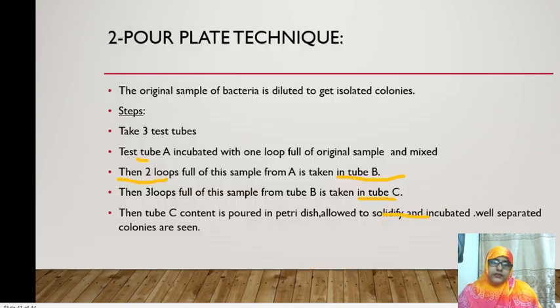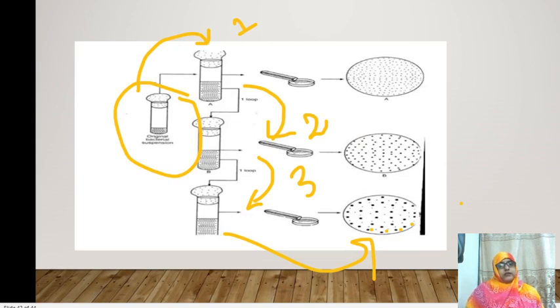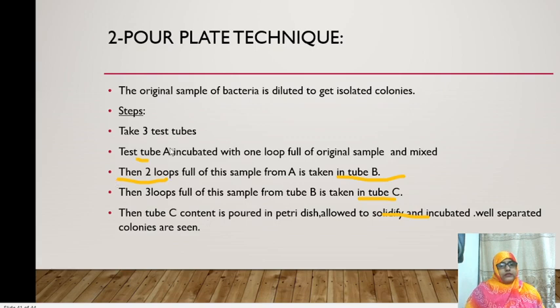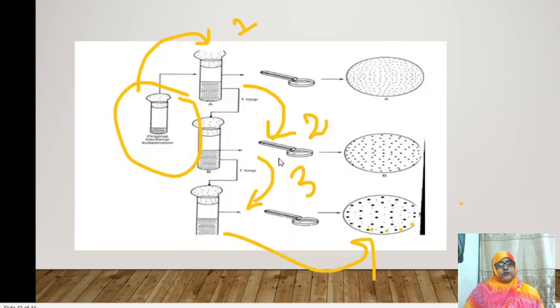Repeat this method. Take 3 test tubes, A, B and C. Take test tube A, add 1 loopful of the original sample into it and mix it.